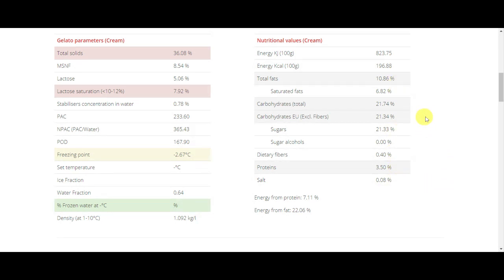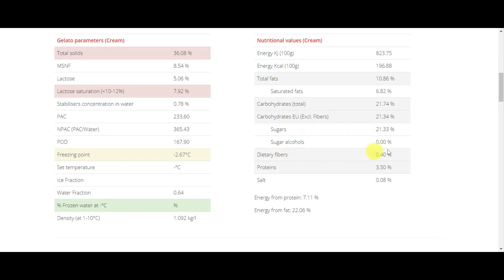There's only one thing to pay attention to, which is carbohydrates. Since the legislation in Europe and USA is different, I put both options. In Europe, carbohydrates are not counting fibers. So the fibers will be here.